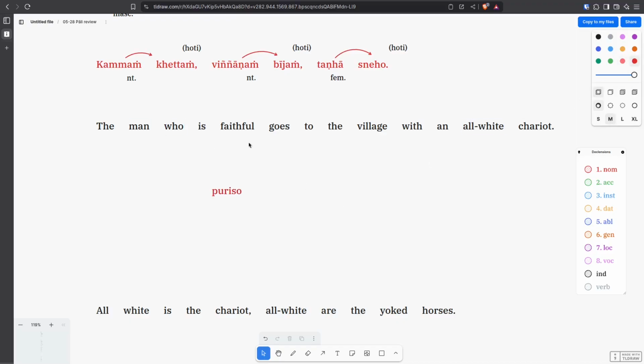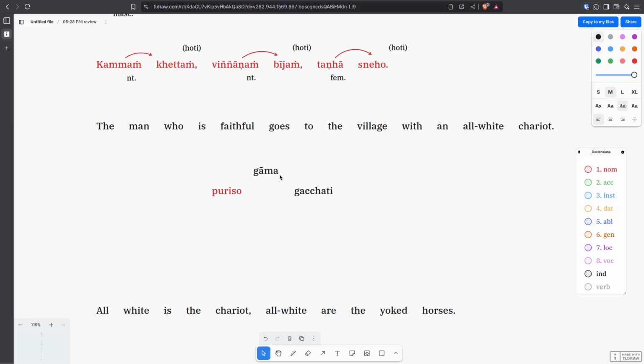So the man goes to the village. Do you remember the verb for to go? Gacchati. That's right. So gacchati. Puriso gacchati. And he goes to the village. So gāma.